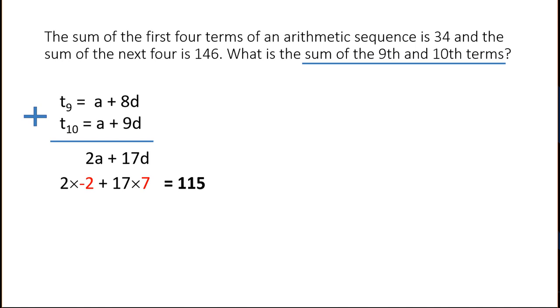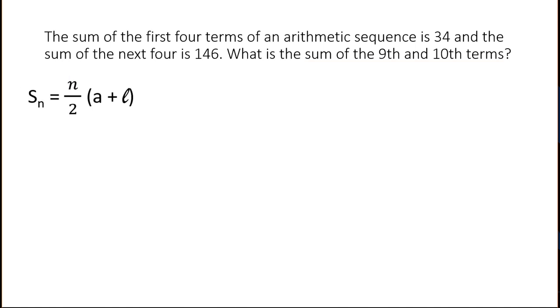But there is another way of doing it. I could have used this formula here. The sum of the n terms, where n is the number of terms, A is the first term in that sequence, and L is the last term. That formula will only work for an arithmetic sequence.